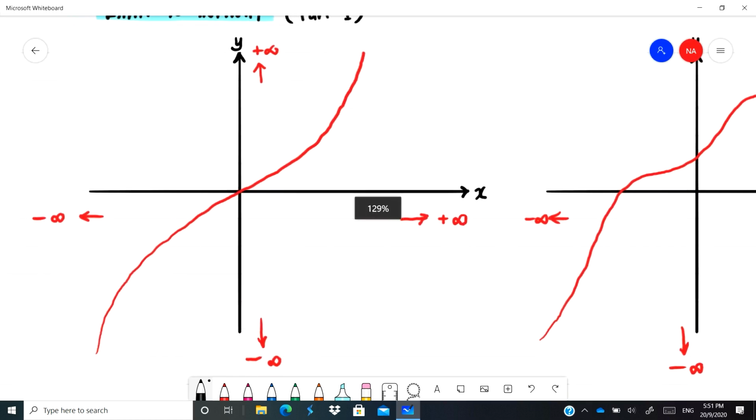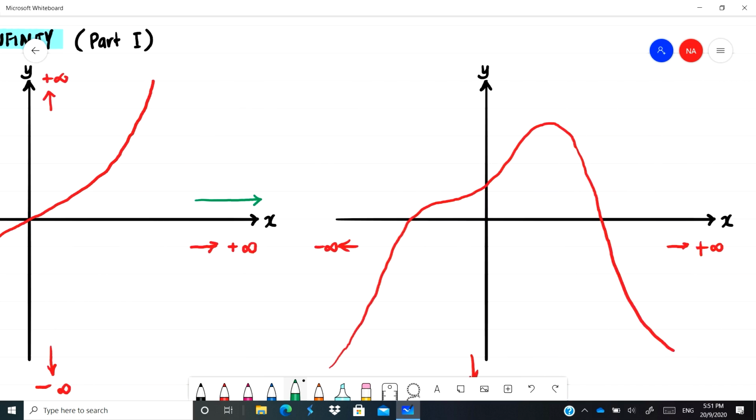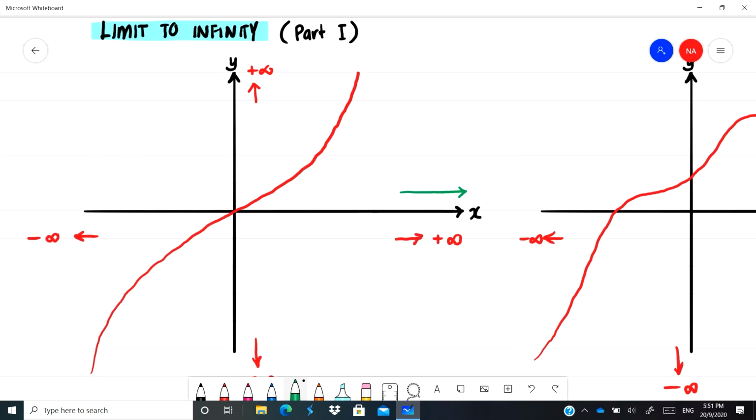In this video we're going to look at limits to infinity. Suppose we have a graph like this, with positive infinity and negative infinity. From this graph, as x approaches infinity, meaning we go to the rightmost of the graph, the graph goes upwards and is never ending.